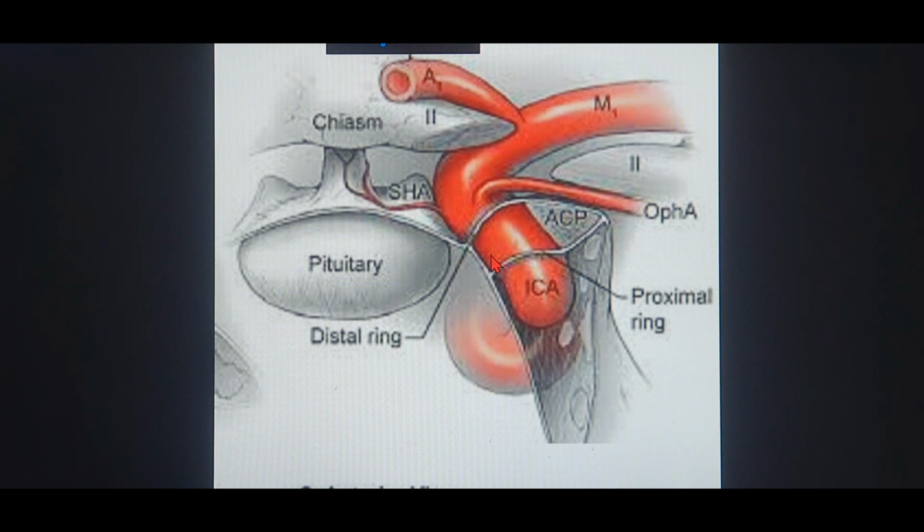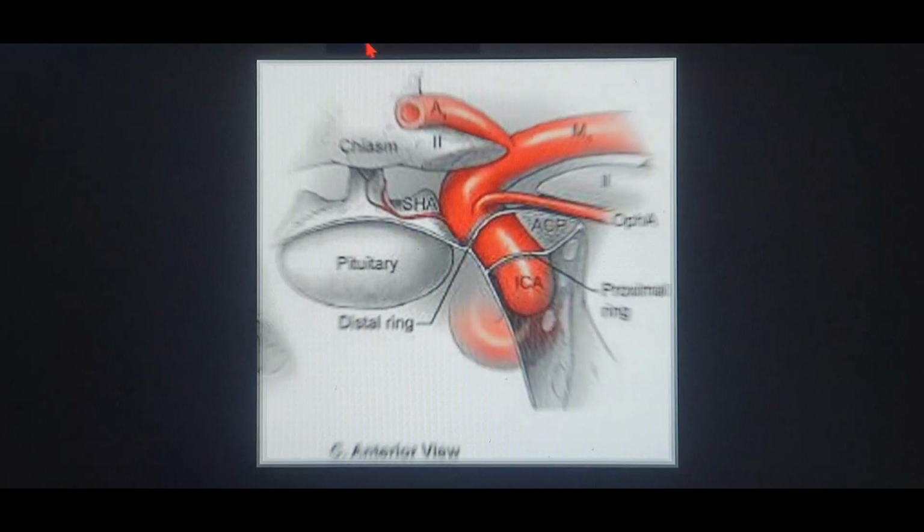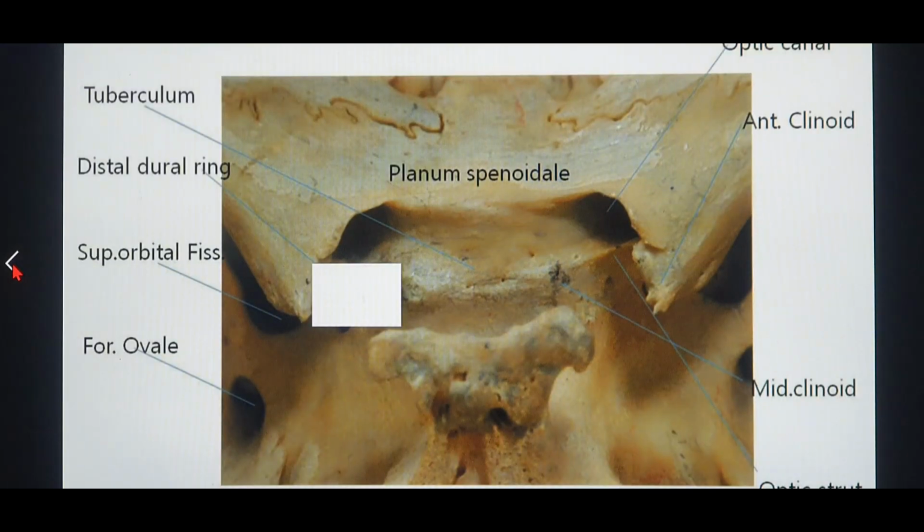In between the two we can see the clinoidal ICA. Wherever the anterior clinoid process lies, the clinoidal ICA lies at the same level. One more point I need to tell you is that the proximal and the distal dural ring are not in continuation on the anterior aspect, but let me show you on a different photograph right here.